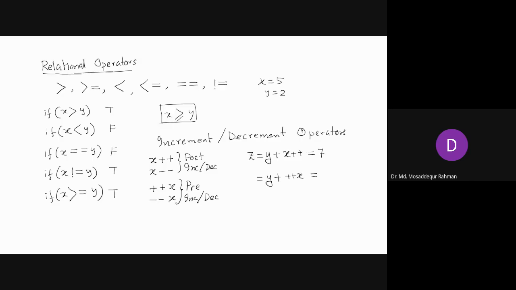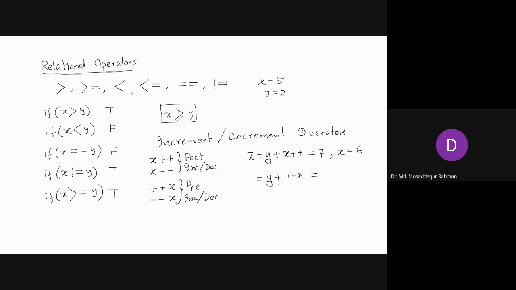The present value of x is 5. So x value is 5, so it will just take 5 and do the addition, and then it will increase the value of x. So after addition, x will become 6. That is the post increment.